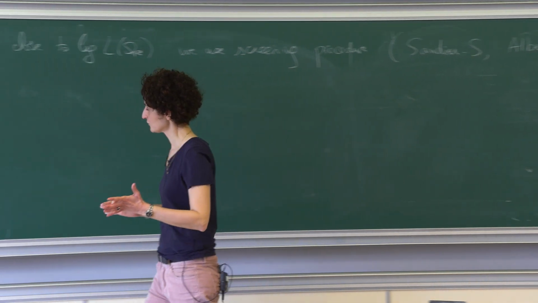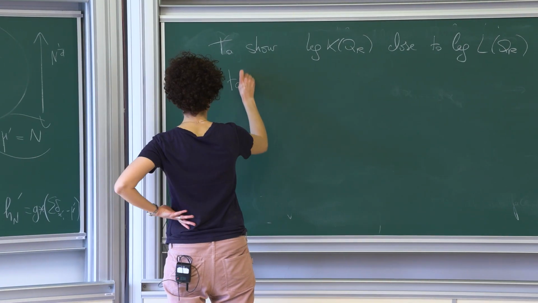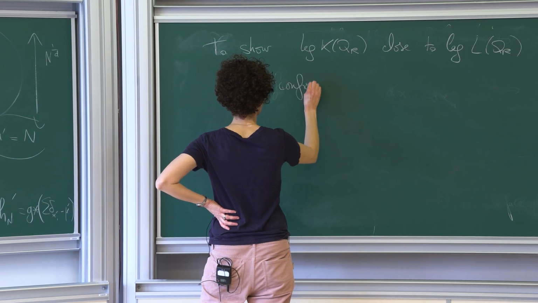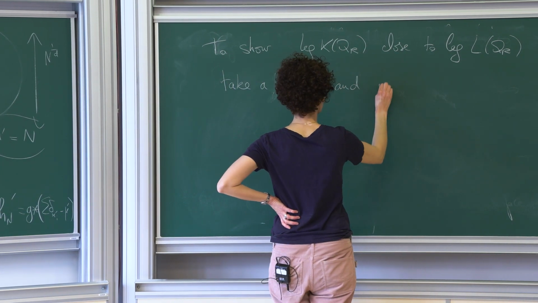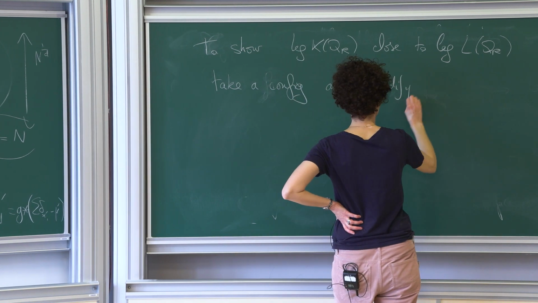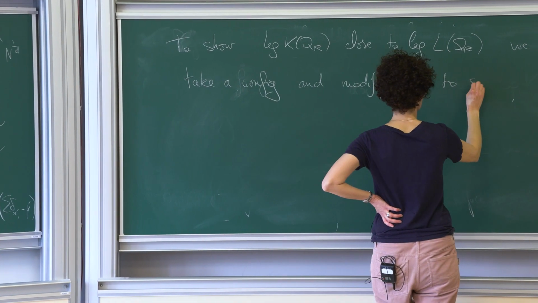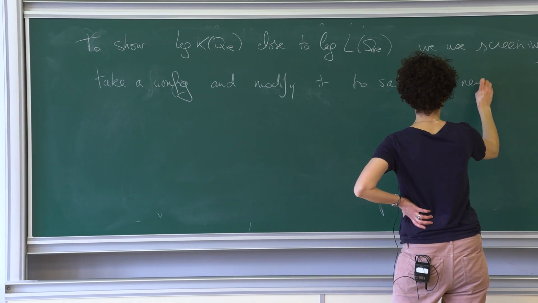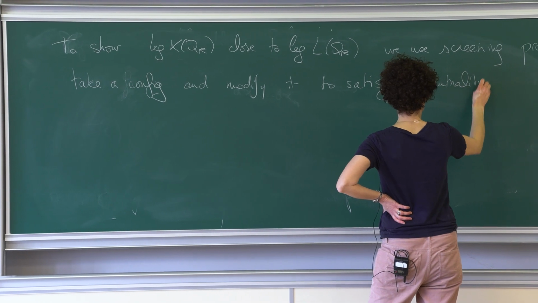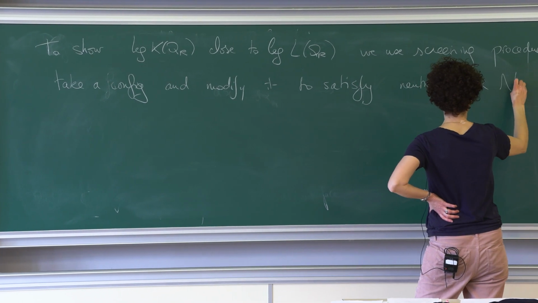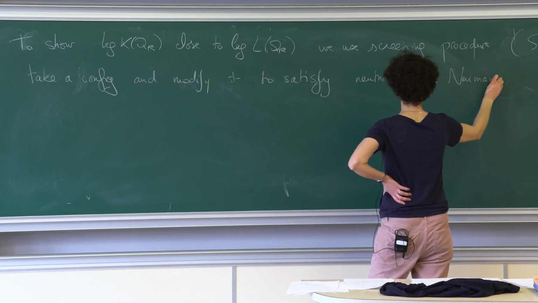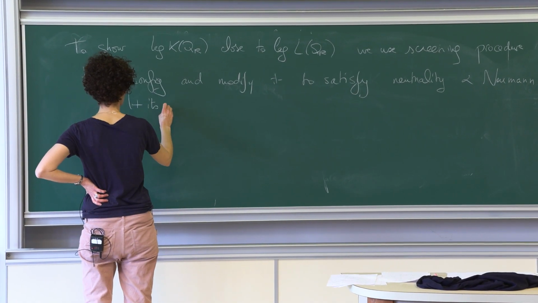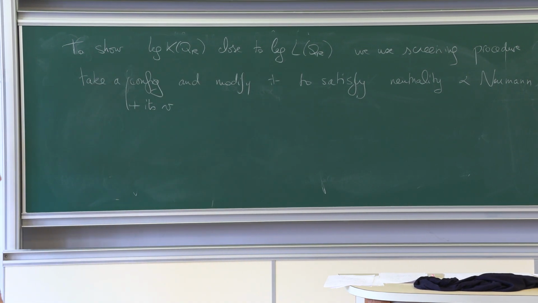And the idea is you want to take a configuration and modify it to satisfy, of course, the neutrality and Neumann. And so you don't take only the configuration, you take the configuration plus its potential, right? Its potential V.